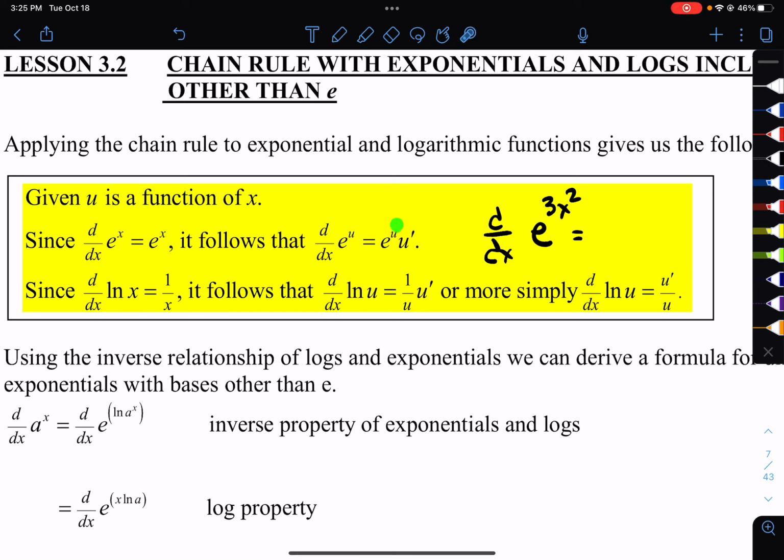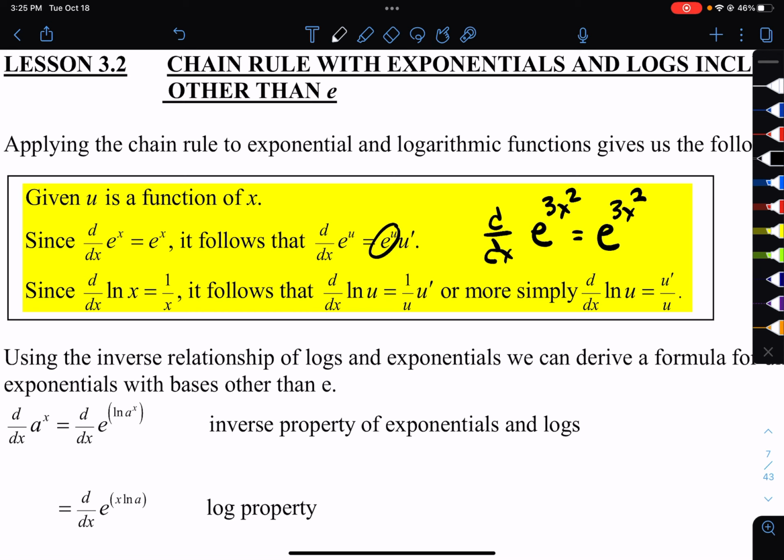What it wants me to do is e to the u multiplied by the derivative of whatever u is. And that's already the formula that we know. The derivative of the outside is e to the u. We've been doing that. It's just e to the 3x squared. That's the derivative of the outside and I just leave the inside alone.